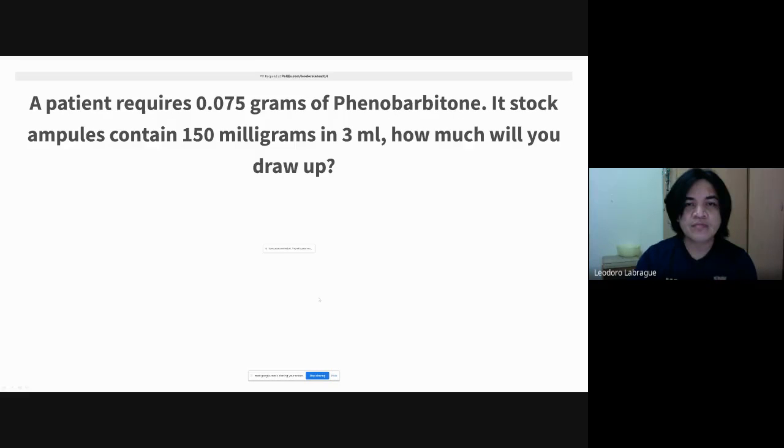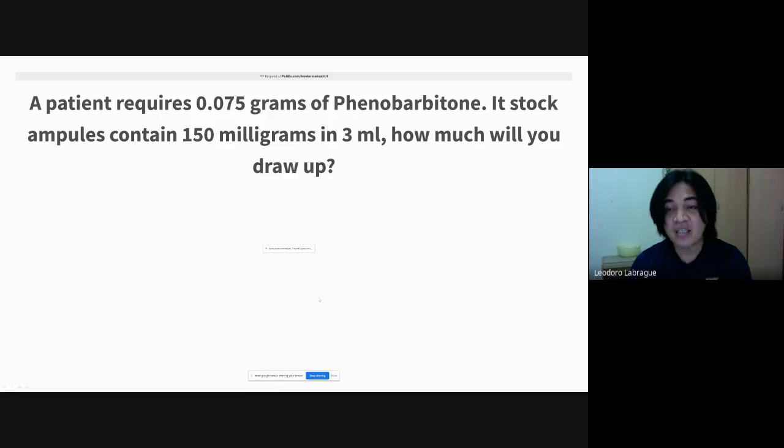Okay, next. This problem is very important because it requires you to convert. Remember last time, we discussed conversion from grams to milligrams, from micrograms to milligrams. A patient requires 0.075 grams of phenobarbital. Its stock ampules contain 150 milligram in 3 ml.